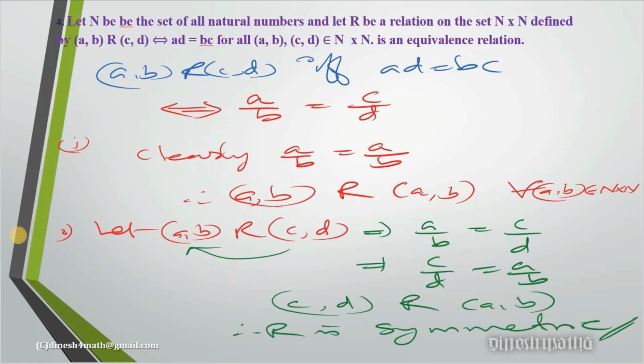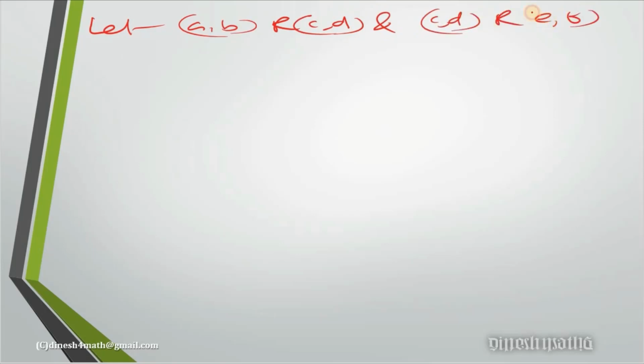Now, we'll go for the third part, that is the transitive part. For the transitive part, again, let (A, B) be related to (C, D) and (C, D) related to (E, F). I hope you don't have any doubt about where (E, F) comes from, right? The given set has a lot of ordered pairs, not only (A, B) and (C, D).